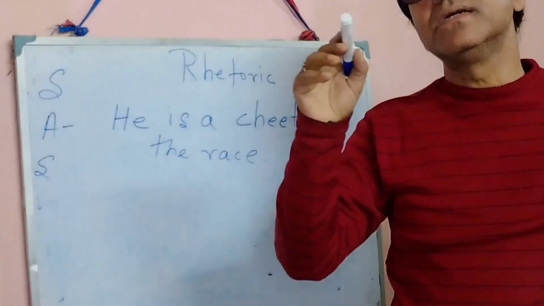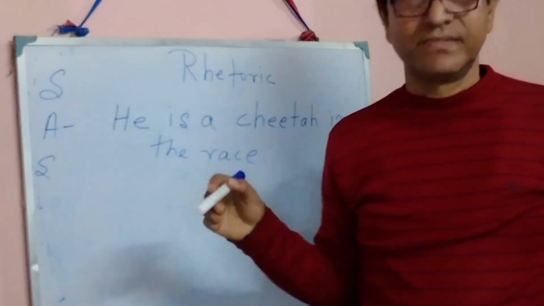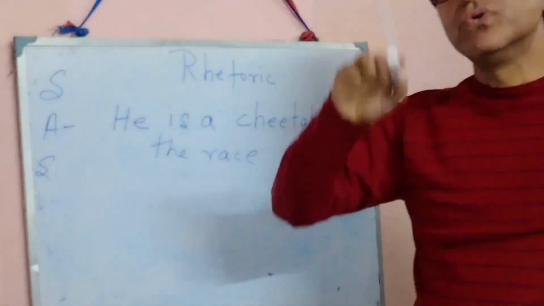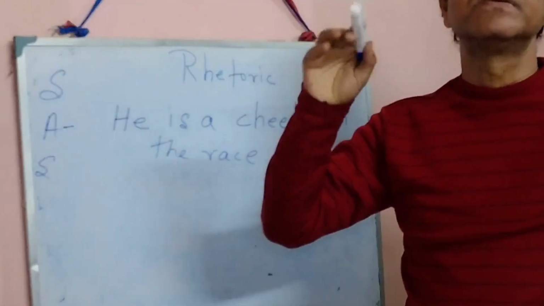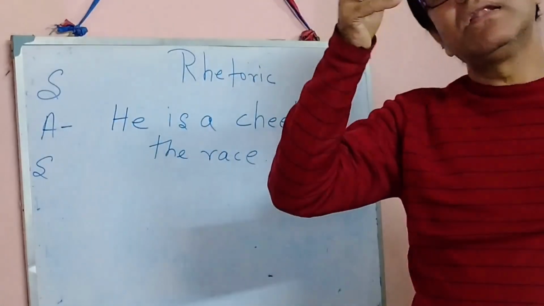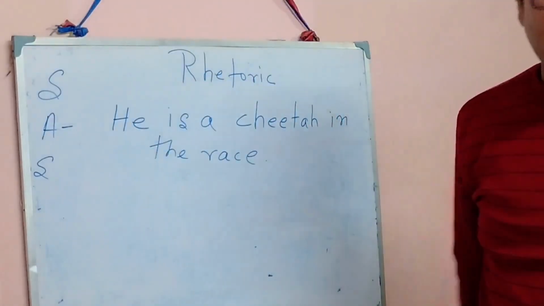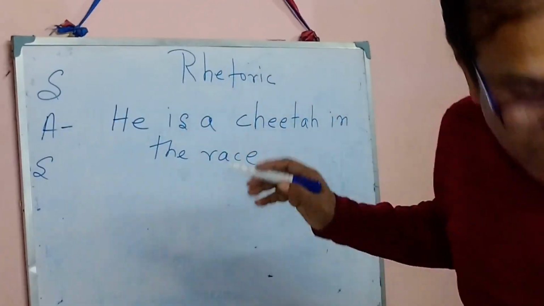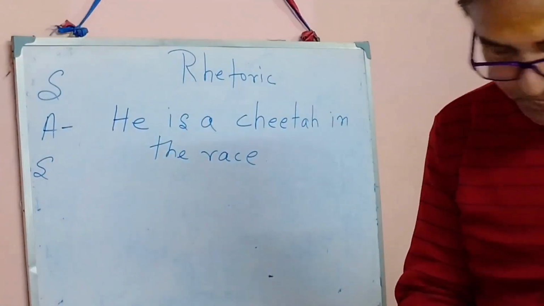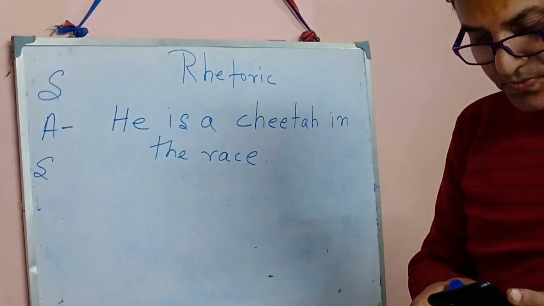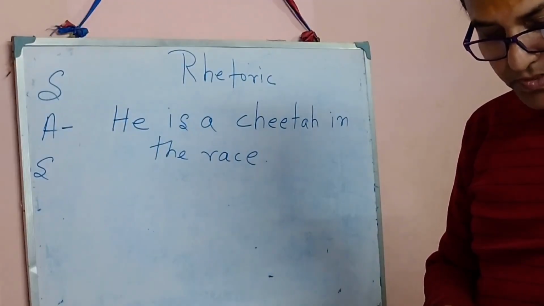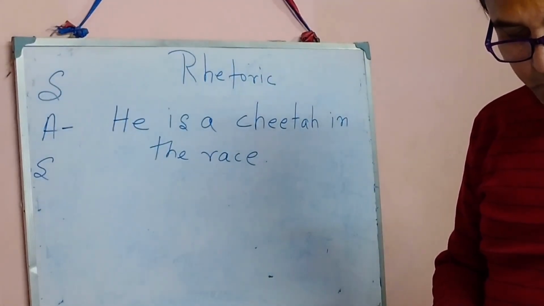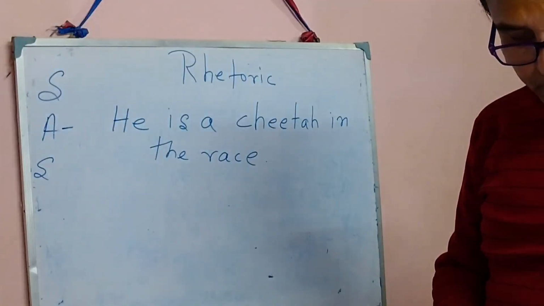The camel is the sheep of the desert. What a sheep does in the ocean or river or anywhere, the camel does the same thing in the desert. Similarly, now I am discussing one more example.